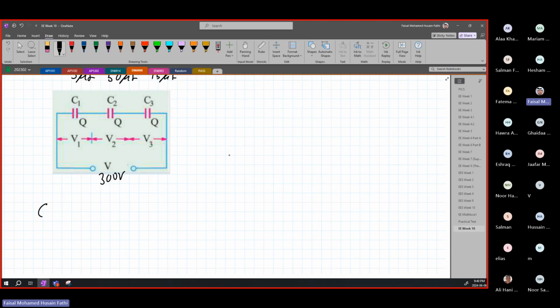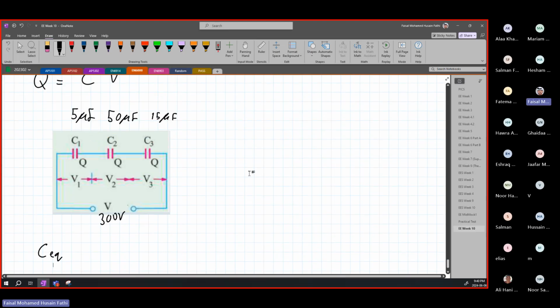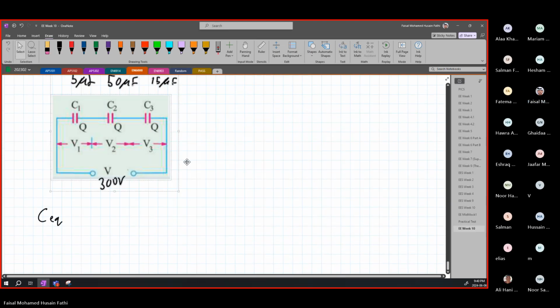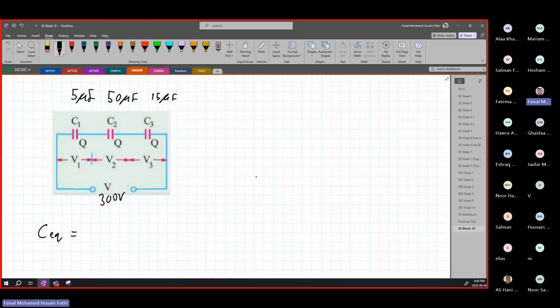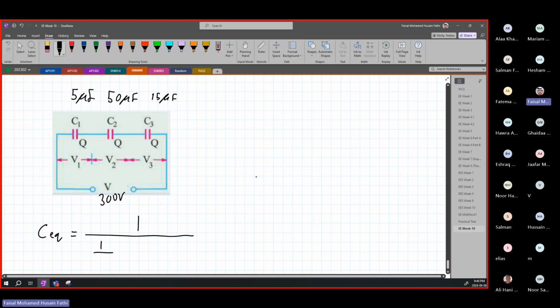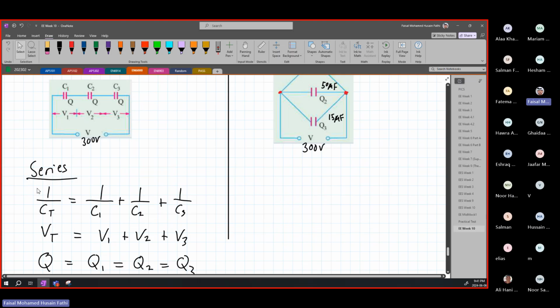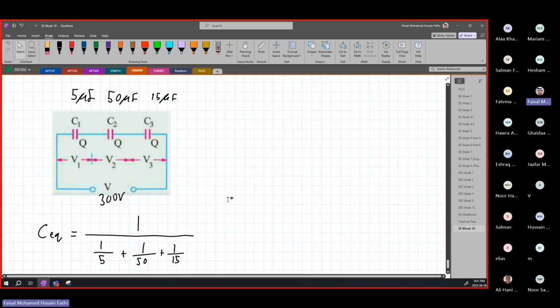So 1 over C equivalent is equal to 1 over 5 plus 1 over 50 plus 1 over 15. It's just this rule I am applying.